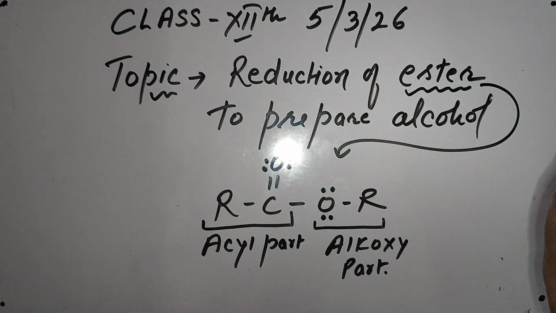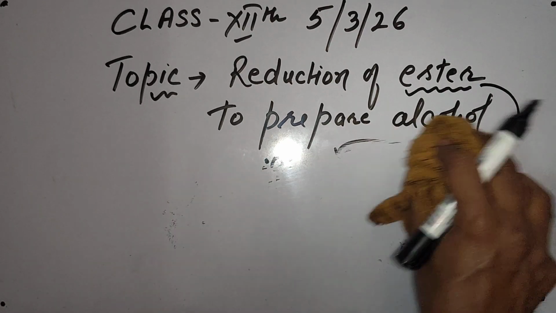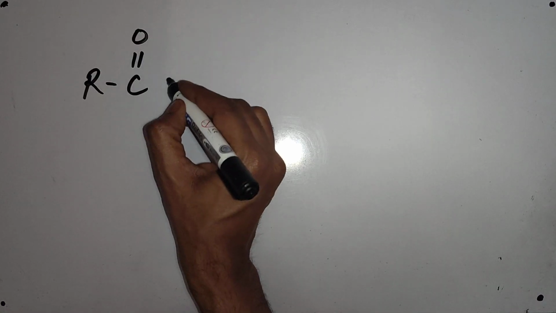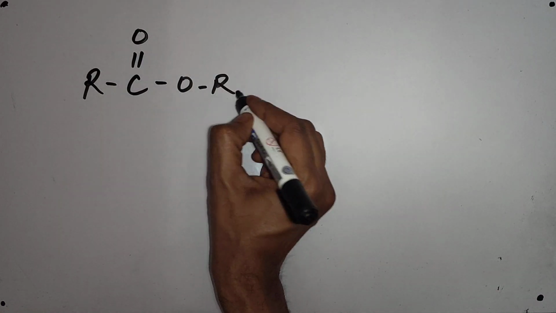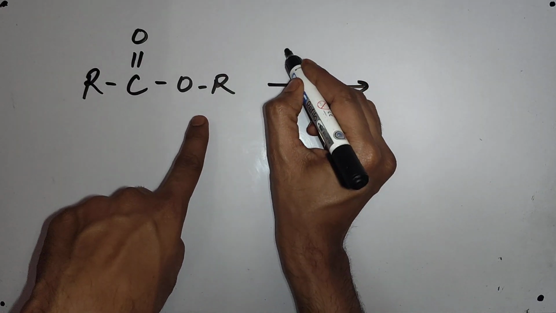Now first, let me tell you the trick how we can directly reduce it and which reducing agents we can use to reduce it up to the alcoholic stage. This is ester. For its reduction, you can use these reducing agents.